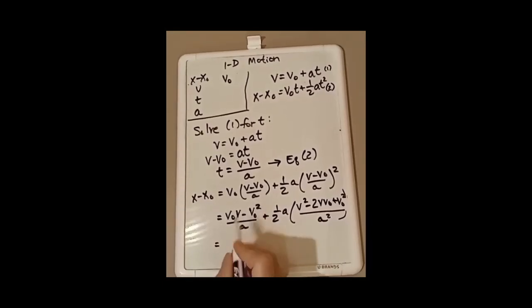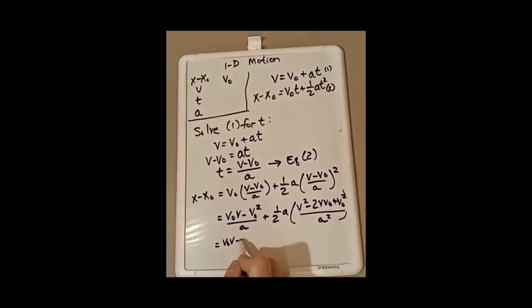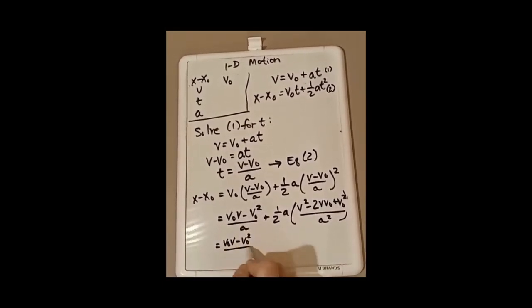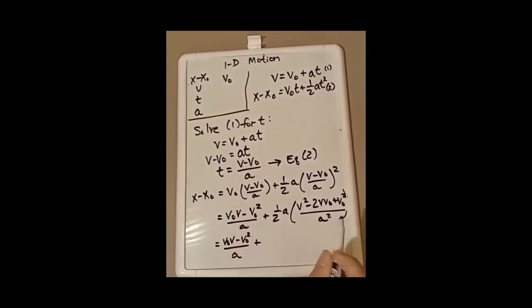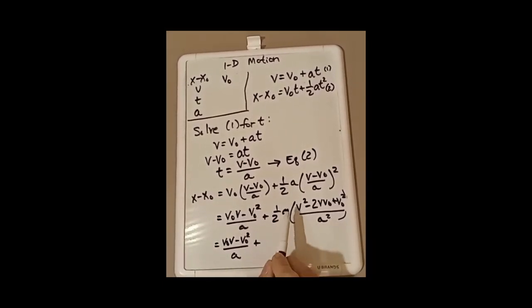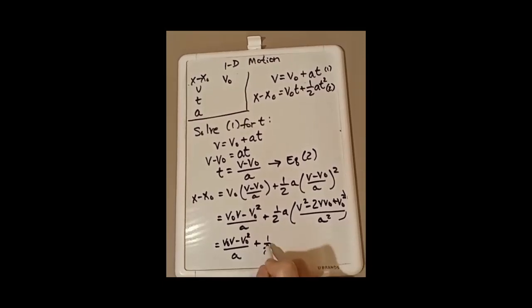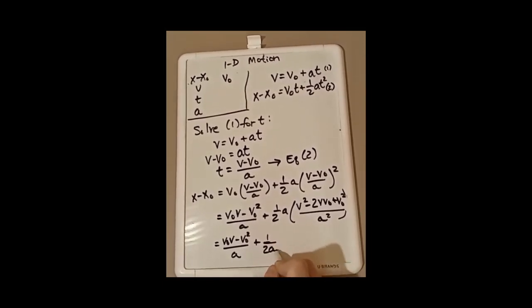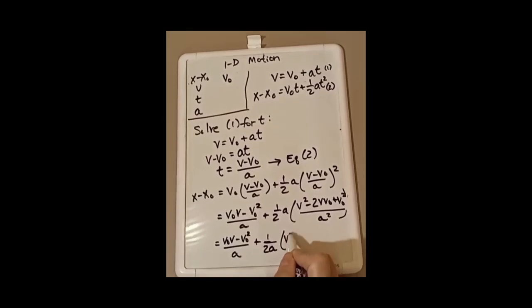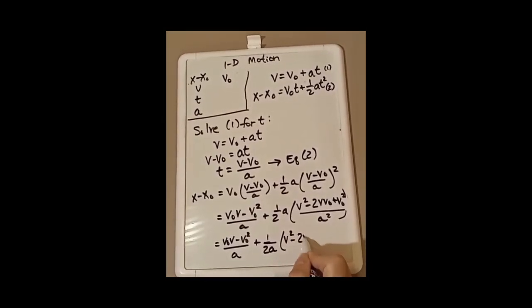And then we're just going to keep simplifying down. In this quantity I'm going to cancel out my a in the denominator, so I'm going to have 1 divided by 2a, times v squared minus 2 v v naught plus v naught squared.